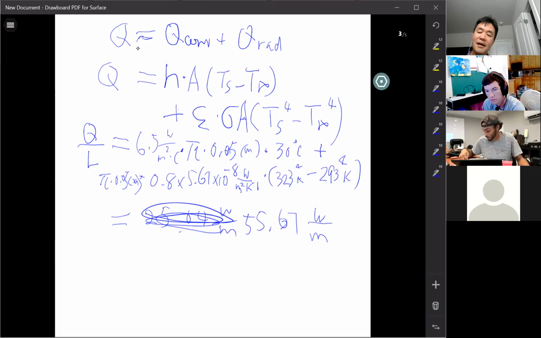I don't know how to get my Q and L basically on the same side. No, your heat going out of the material will be equal to the convection plus radiation, right? Do we have radiation in that problem? It was 0 on that problem. So it's convection only, right?